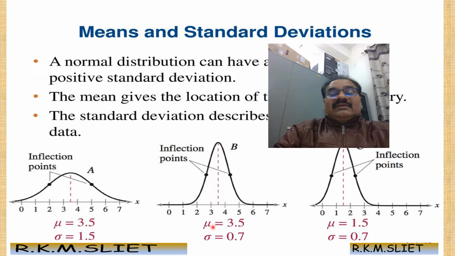Here sigma is less, 0.7, then you can look at the sharpness and the closeness of the inflection points. But here if sigma is 1.5, then this will be a far wider range. And here in case sigma is 0.7 but mu is less, then more sharpness, meaning the inflection points are closer to each other.